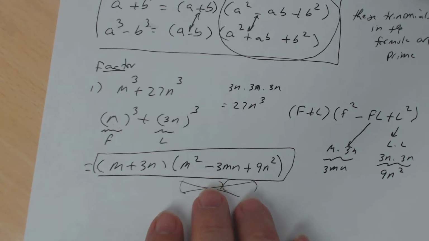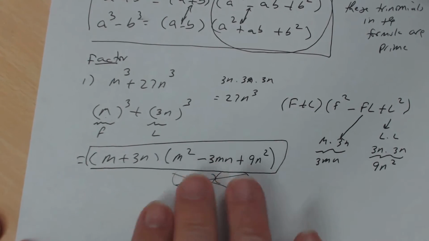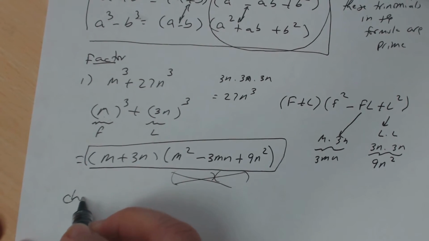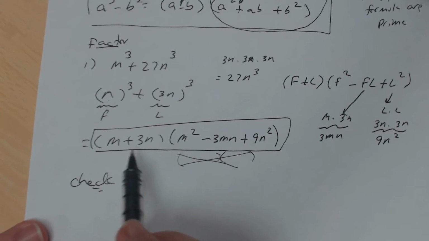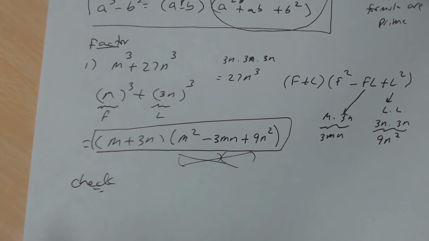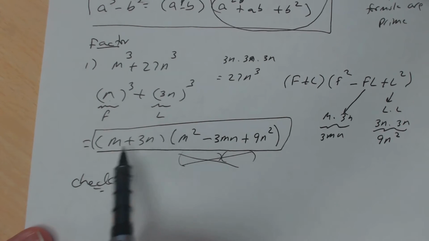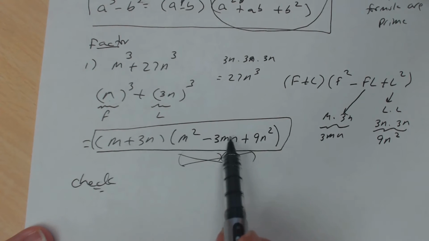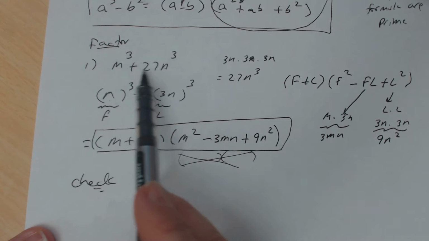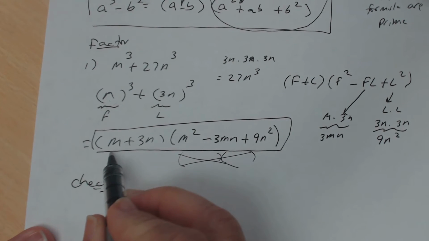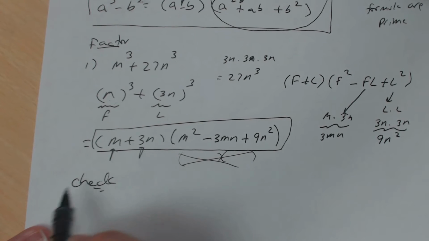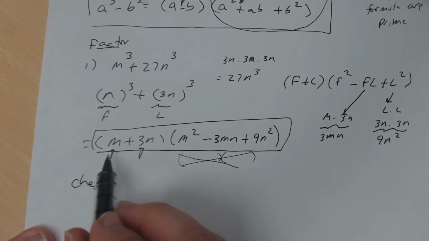All right. So, but before going to the next one, let's just check this. Now remember on the test, you're not going to have time to check this, but let's just check one of them. So let's just check this one. So remember, when I multiply this out, I want to get this back. So hopefully we'll get this back. Okay? So remember, you take each term of the first factor.